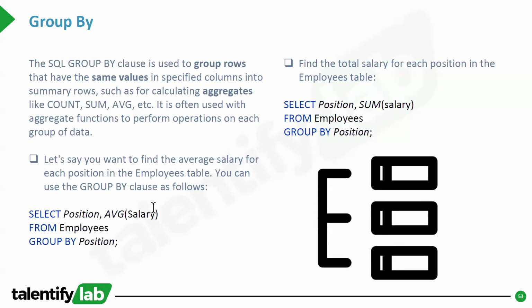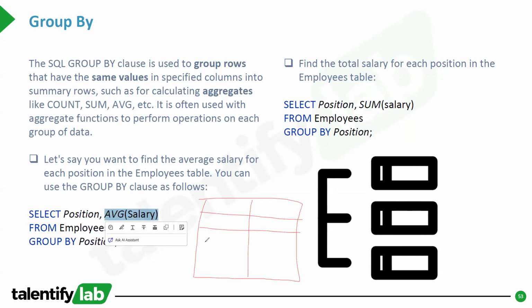For example, over here, I want to get all the positions with an average salary column. We will get these 2 columns with their corresponding rows, but the average salary will be based on position.